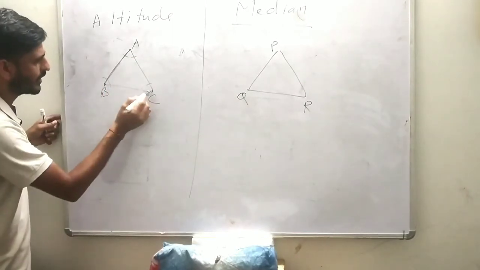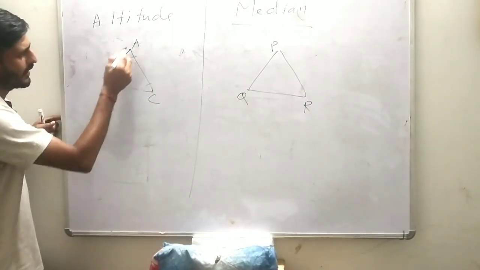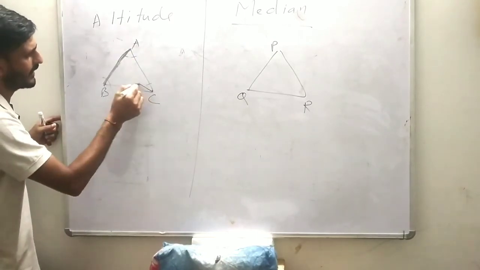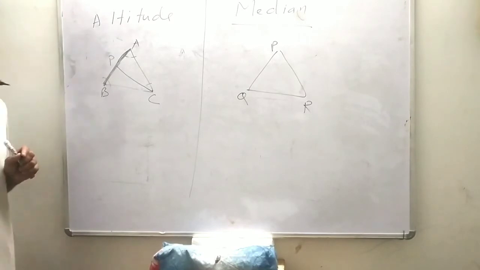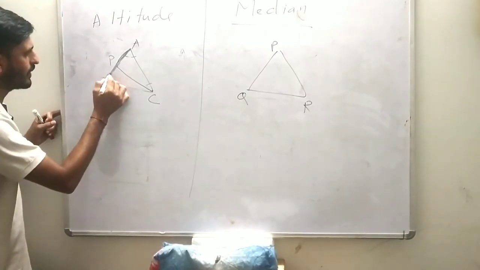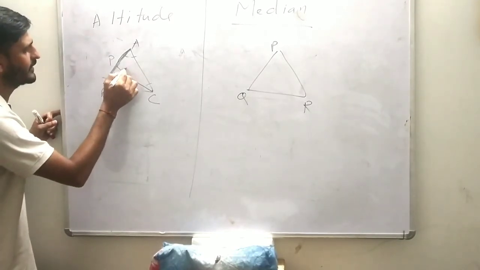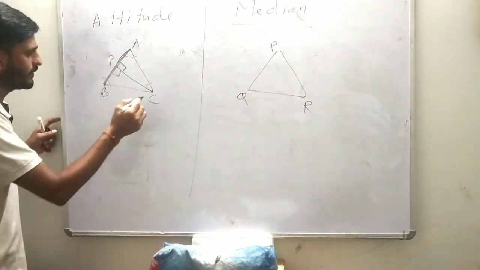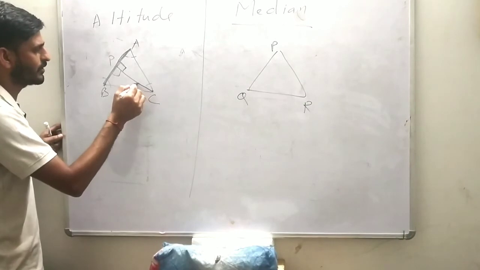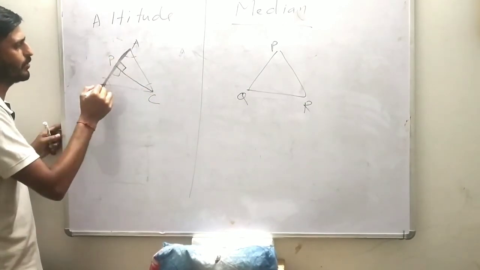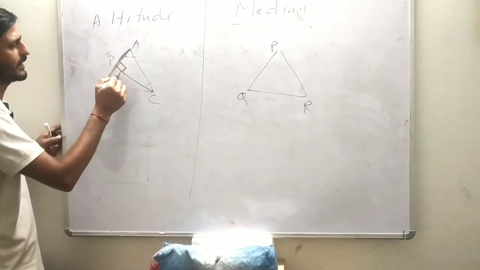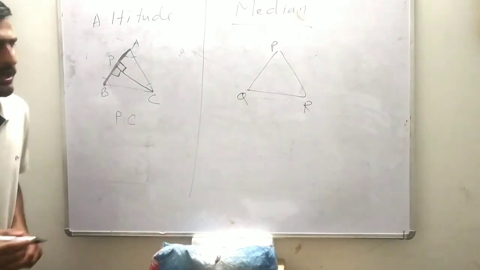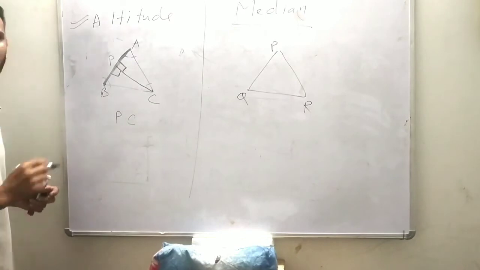Whenever you join a point anywhere on the opposite side of this vertex, suppose it is PC, and this forms 90 degrees, which means a right angle, then this line PC is said to be the altitude of the triangle.